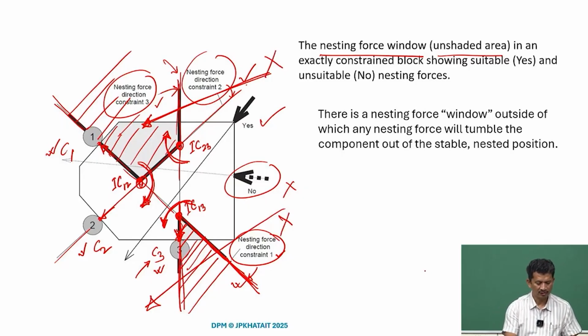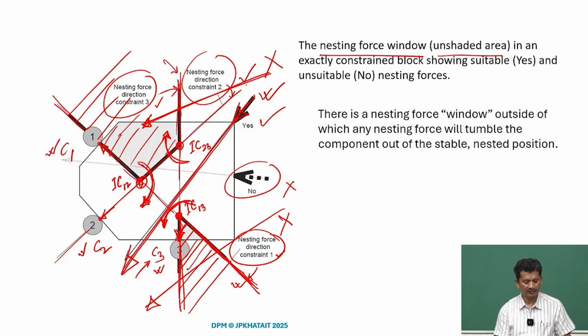But there is one area which is unshaded, and if the force passes through that, for instance the one shown here, if the force is like this, it is a good solution.